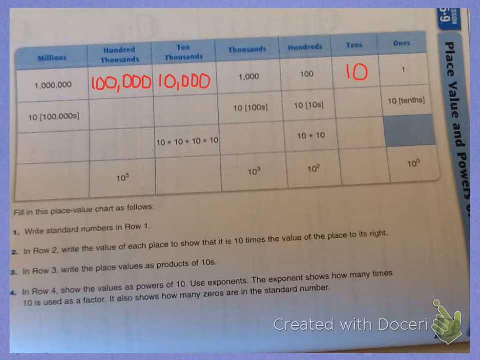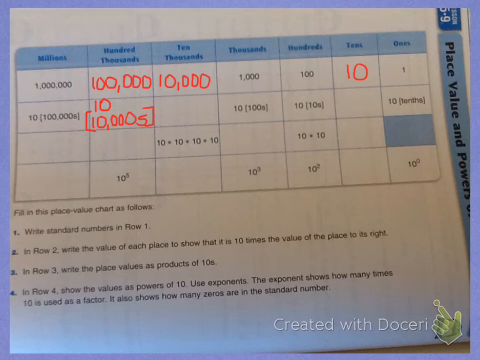So when we go to the next box, we have 100,000. So how many tens would it take to make 100,000? Okay, it would take 10 10,000s to make 100,000. So think about that for a minute.